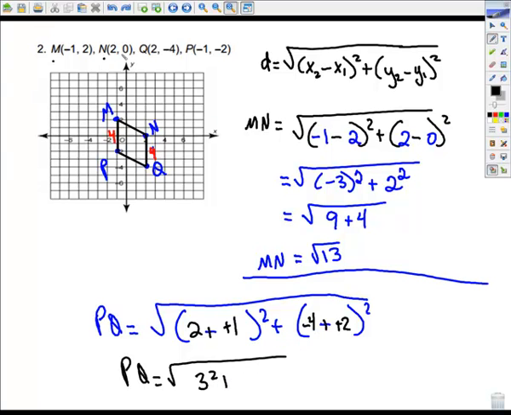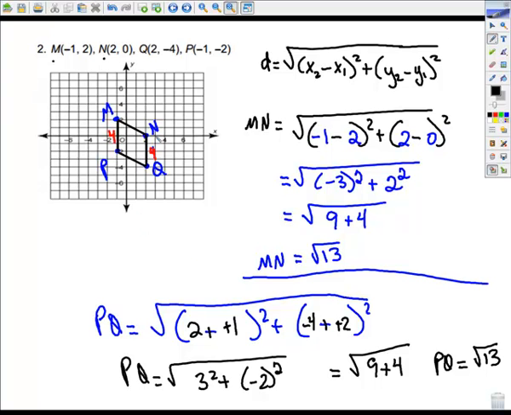Oops, -4 plus 2 is -2 squared. This is giving me the square root of 3 squared is 9, -2 squared is +4. And looky here, I end up with the distance from P to Q is also the square root of 13.